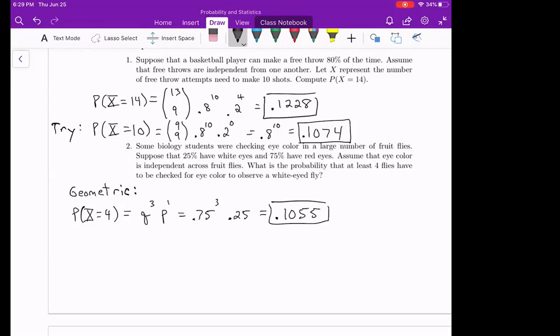That it takes 14 attempts to have finally achieved 10 successful shots. Sydney, did that make sense? I'm not sure if silence means you got it or. Oh, okay, yeah, I think so, yeah.